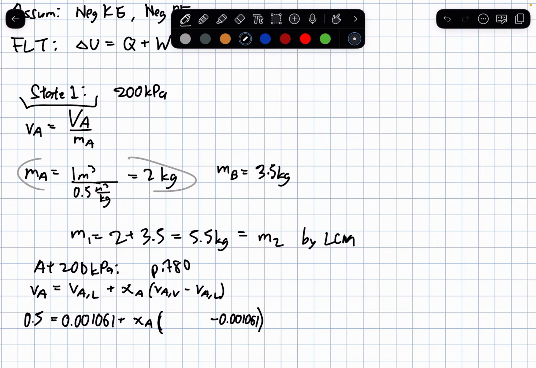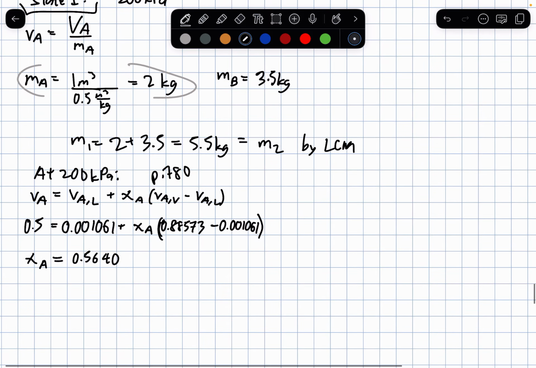Saturated vapor 0.88573. Okay. Calculate. One zero six one. Okay, so there is quality, no?